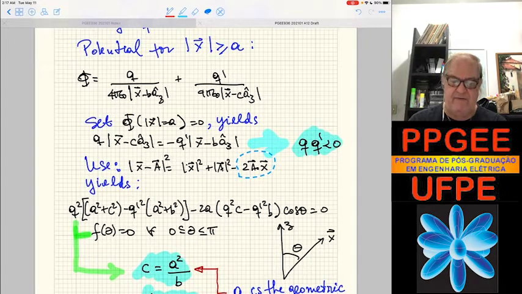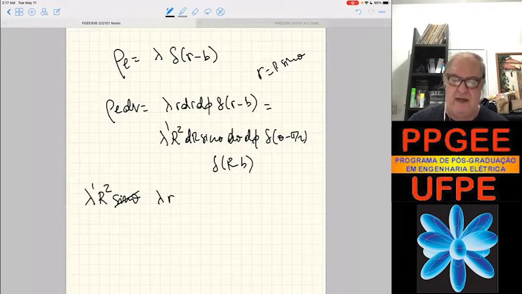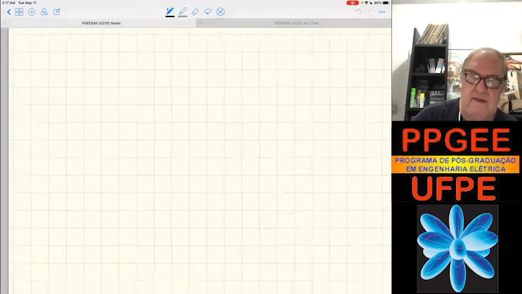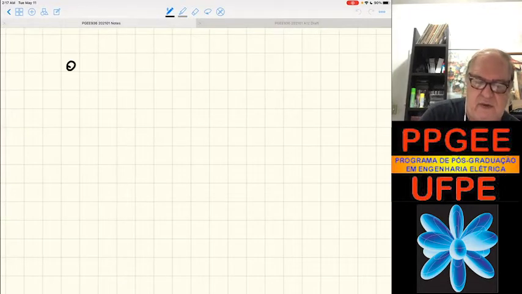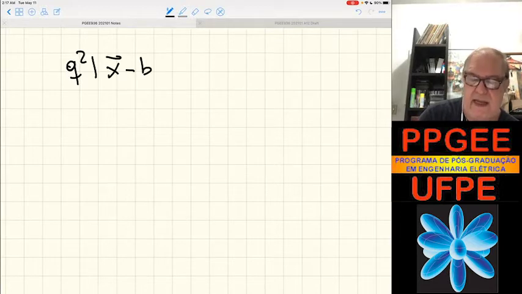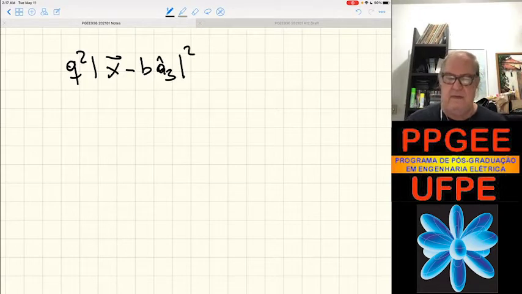so if we apply that, for instance, we just do the square here. We do Q square, right? Magnitude of x minus B AZ squared. I lost the sign, right?